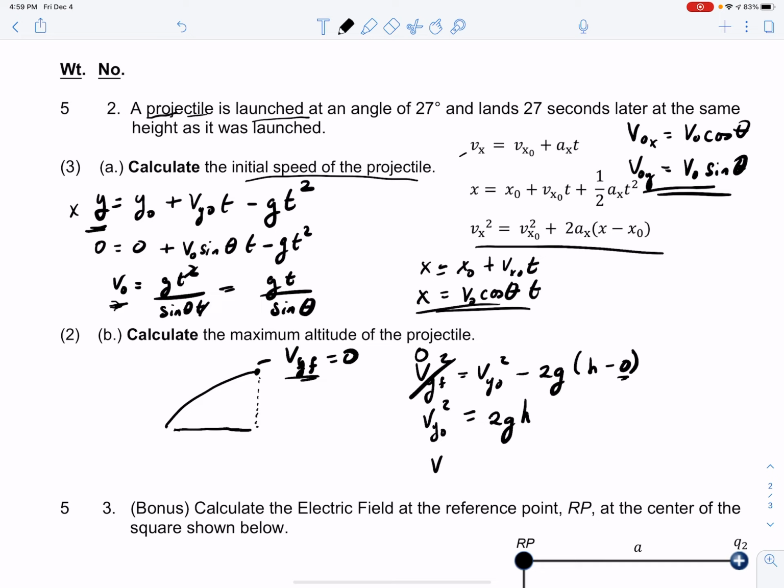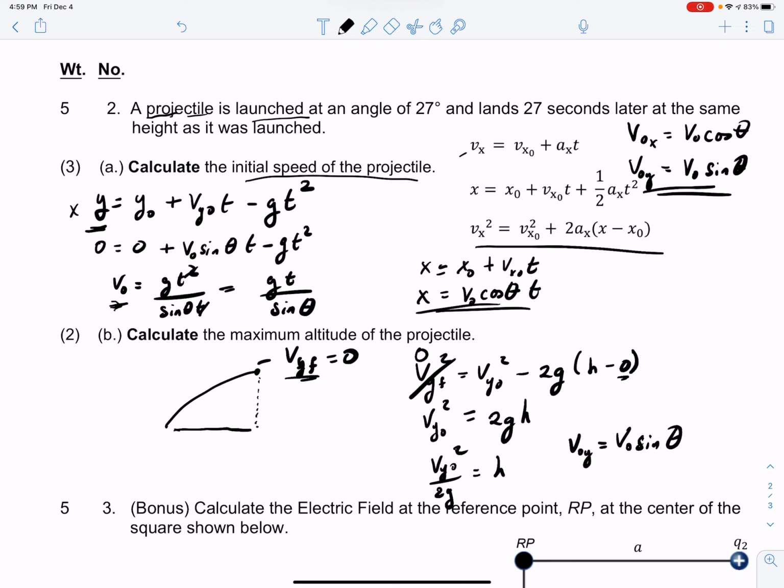You bring velocity naught over 2g, squared, and you have your height. Remembering the velocity naught in the y direction is equal to velocity naught sine of theta. And you are done with this problem.